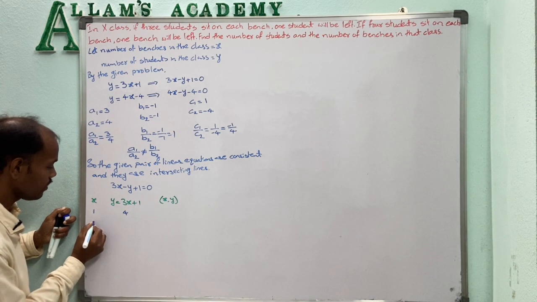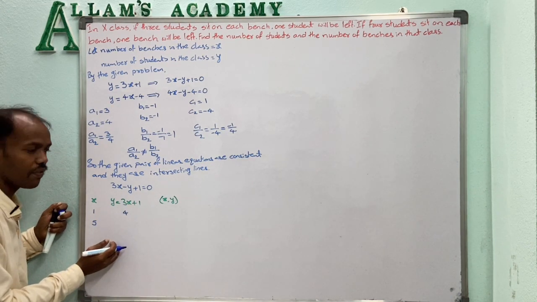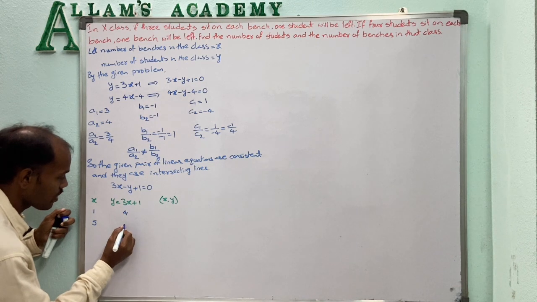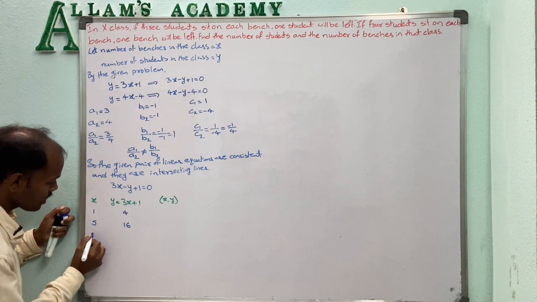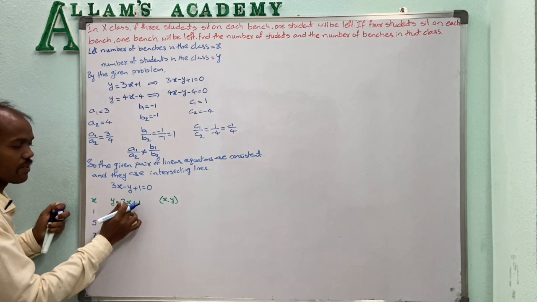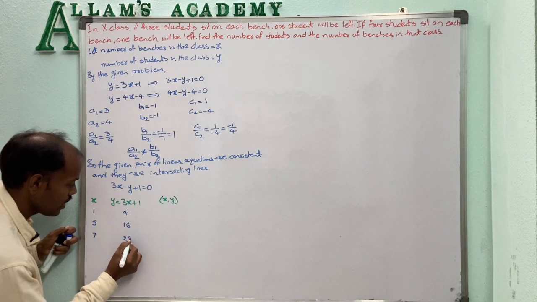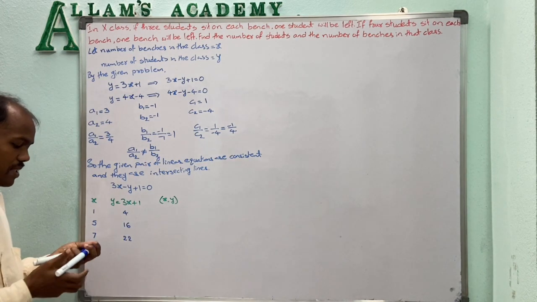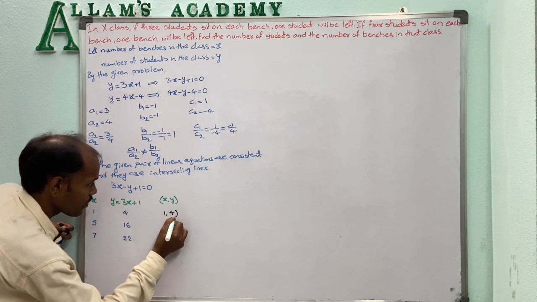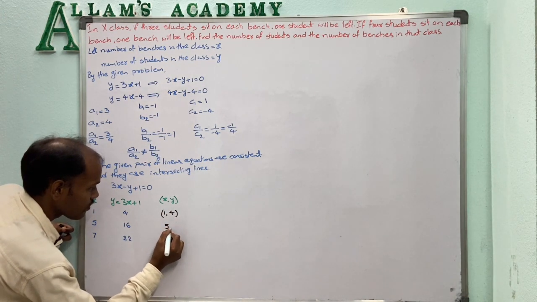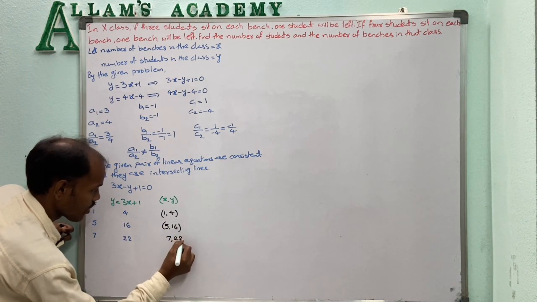If we take 5, 3 5s are 15 plus 1 equal to 16. If we take 7, 3 7s are 21 plus 1 equal to 22. So the points are (1, 4), (5, 16), (7, 22).